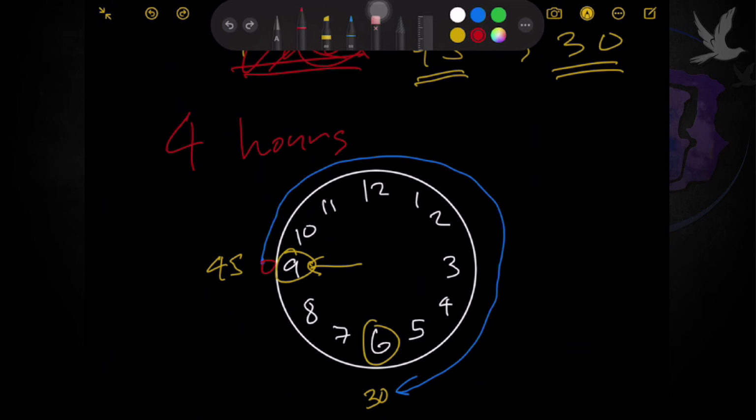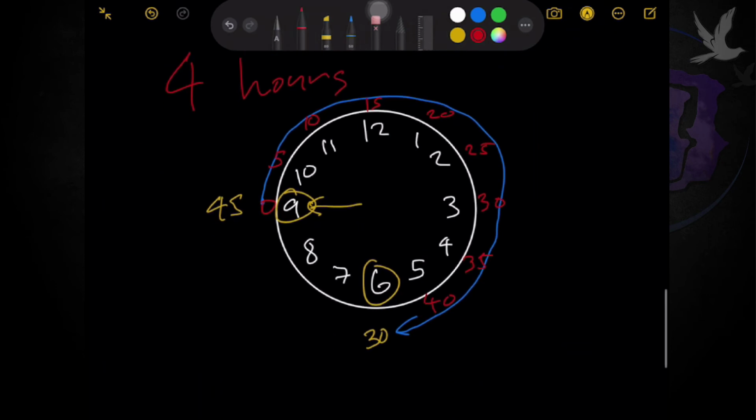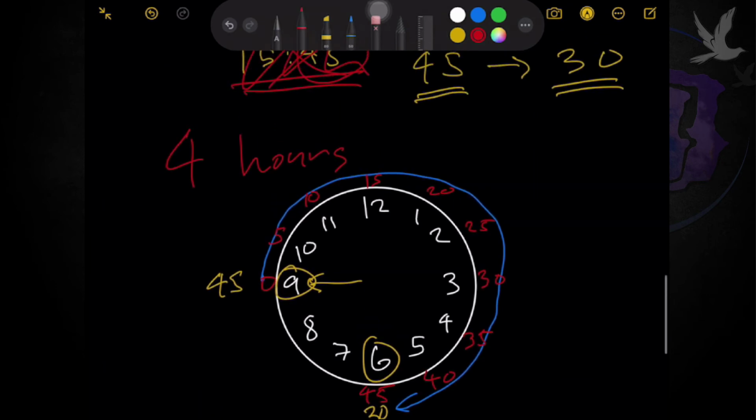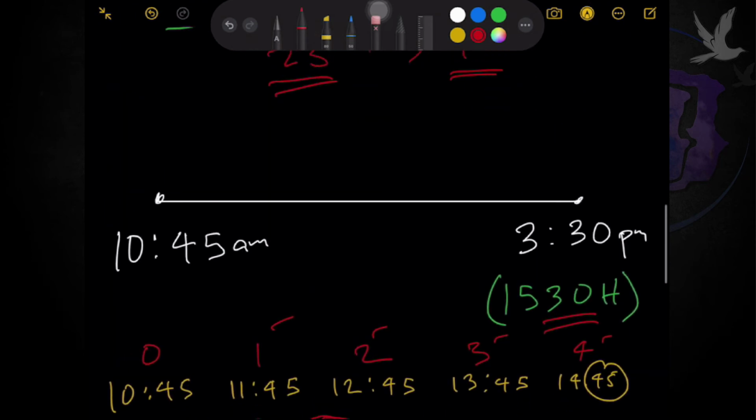And when you say minutes, you skip count by 5, no? 0, 5, 10, 15, 20, 25, 30, 35, 40, 45. Which means that is a total of 45 minutes. So which means our answer here is 4 hours and 45 minutes. Okay? So, ganun lang yung doing the timeline.